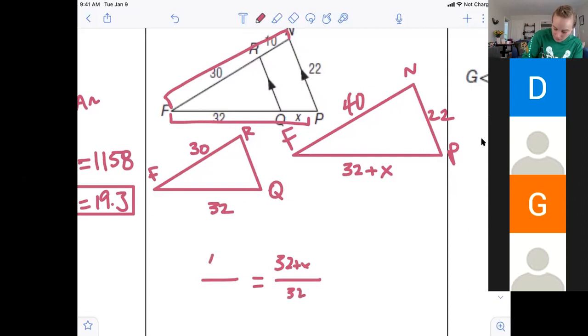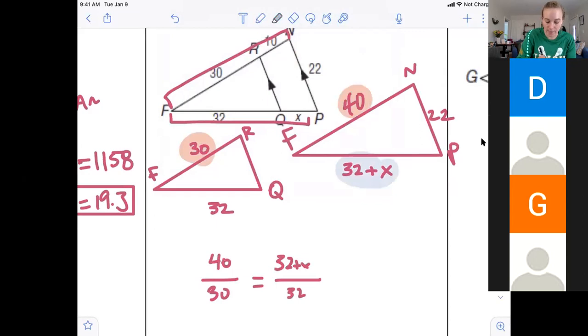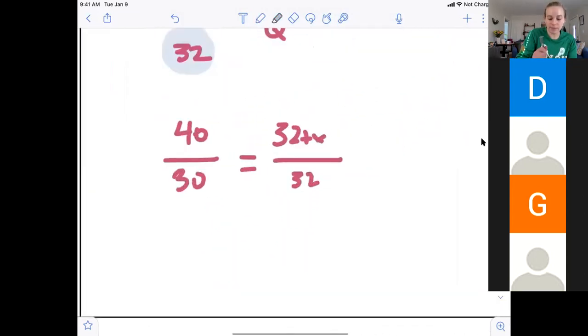Yeah. Awesome. Yep, that works. I like that you fixed yourself because you knew you put 40 on top and then 30 went underneath that. So when you did the other sides, you knew that 32 plus x had to go on top and 32 had to go on the bottom. Good job, JJ. Thank you for helping me.